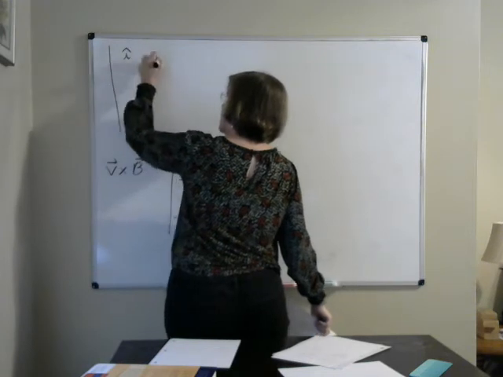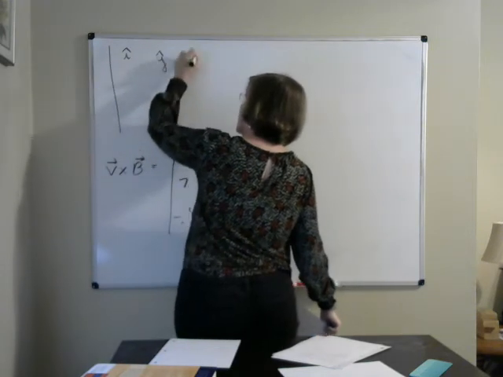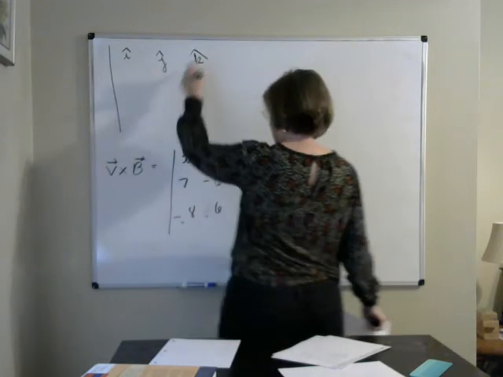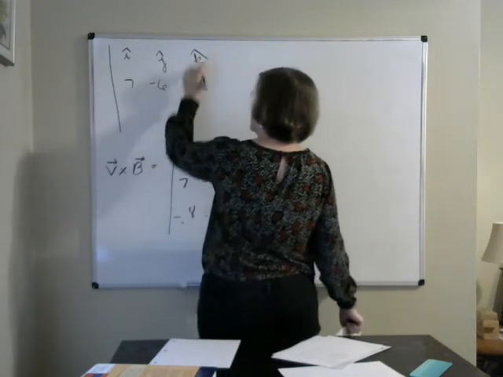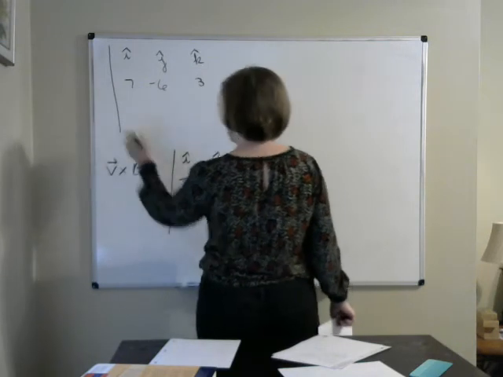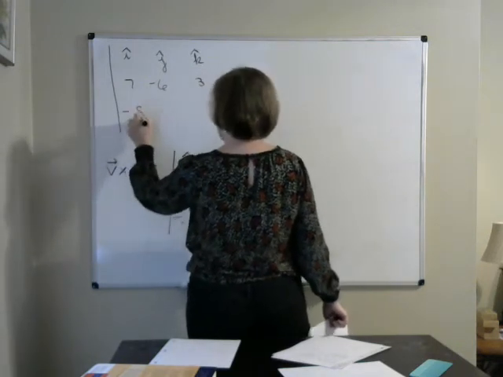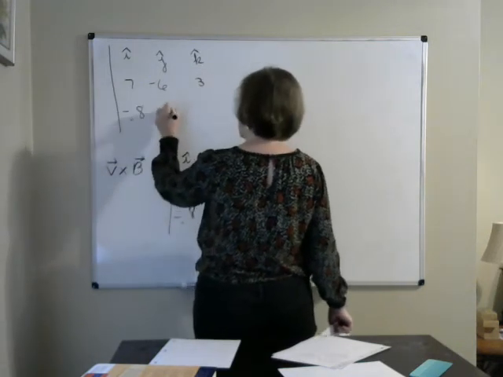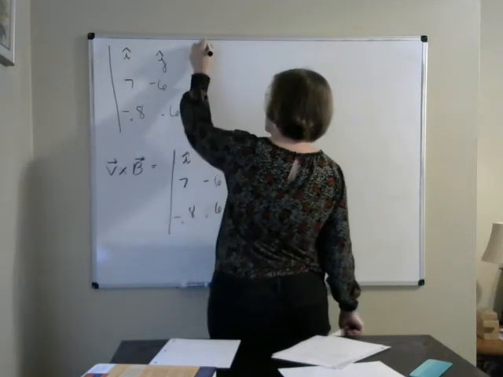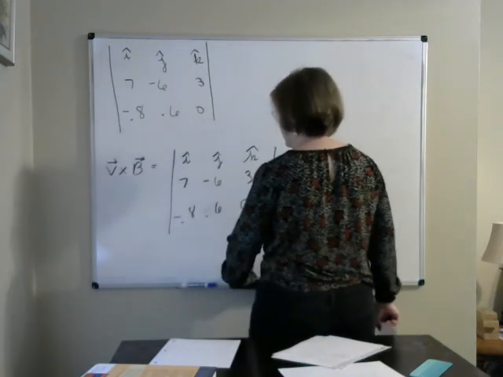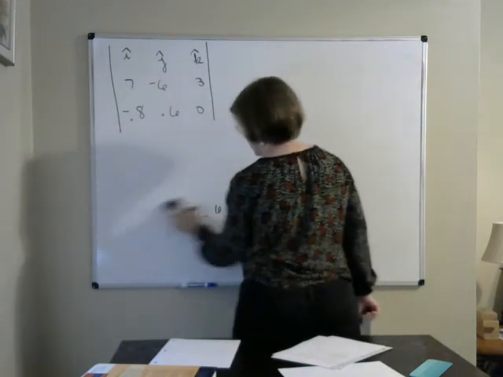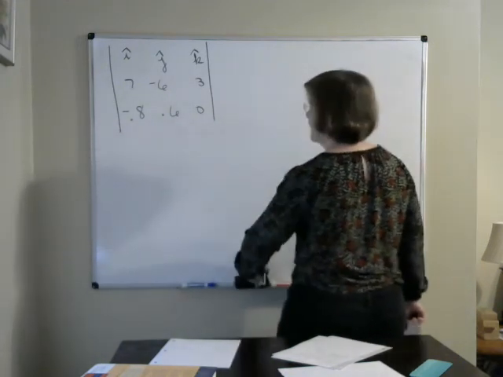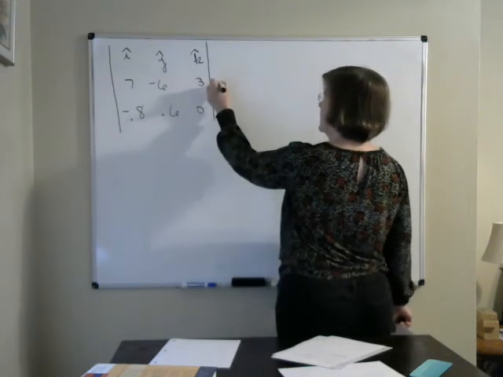I, J, K; 7, negative 6, 3; negative 0.8, 0.6, and 0. All right, how do we do that?